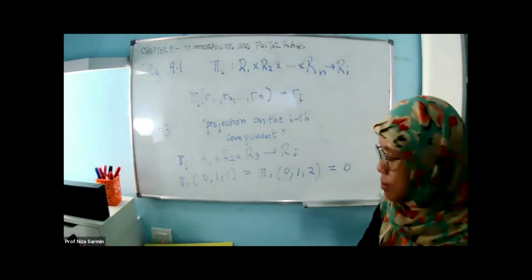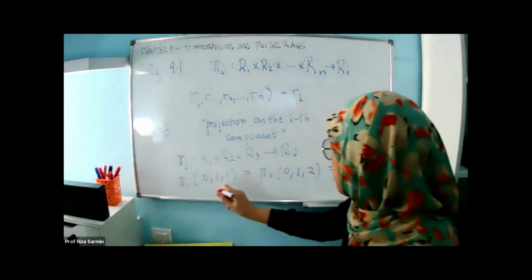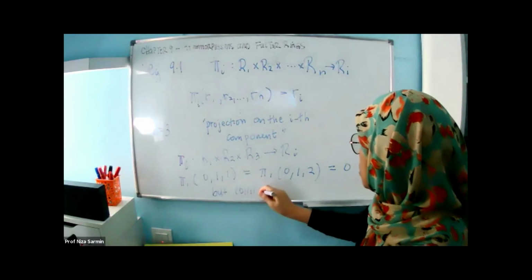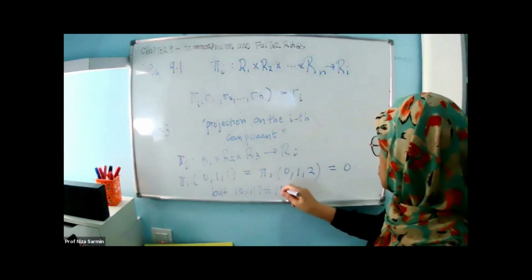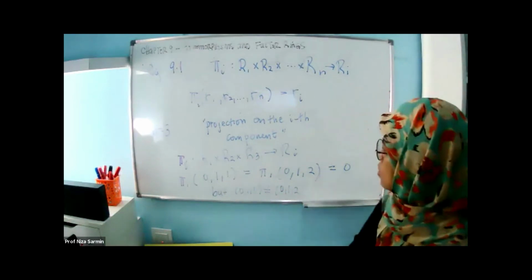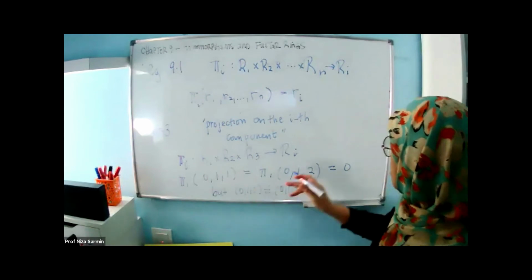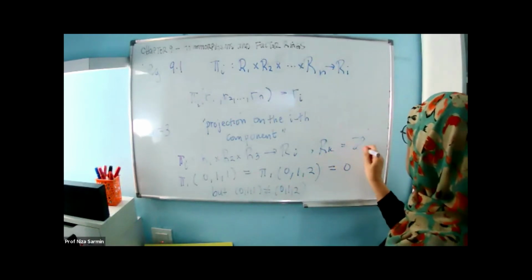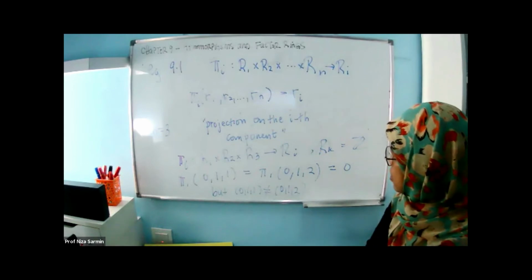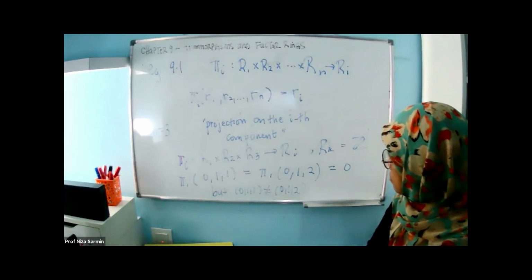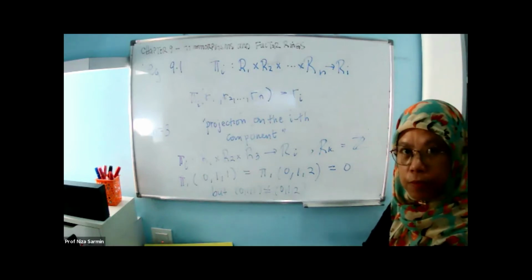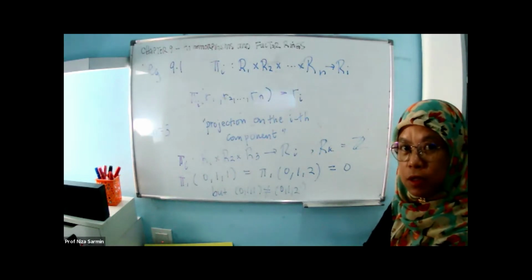But (0, 1, 1) is not equal to (0, 1, 2). So it's not one-to-one, but it's a homomorphism.